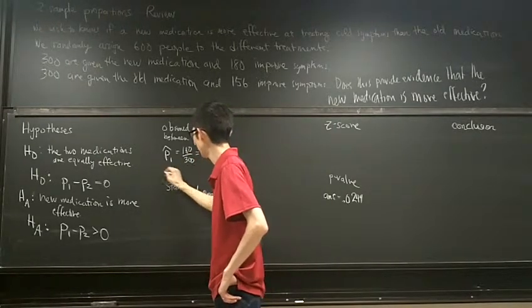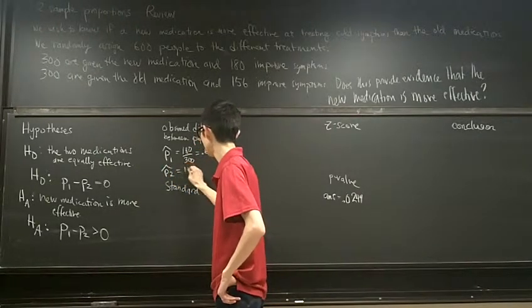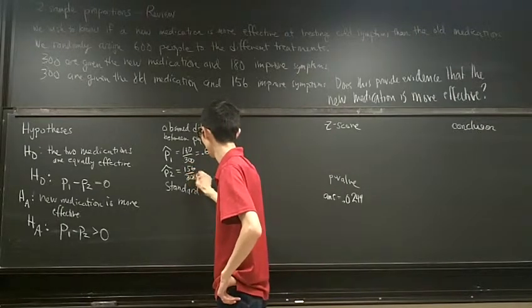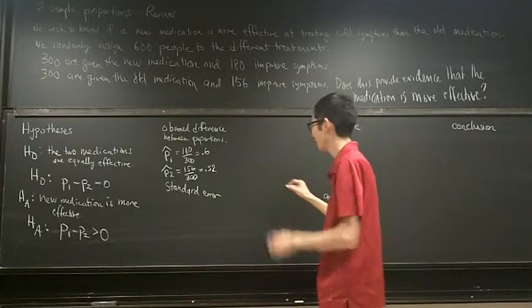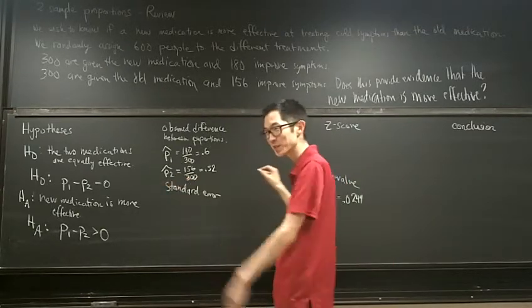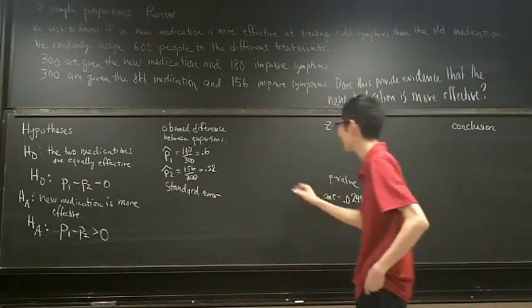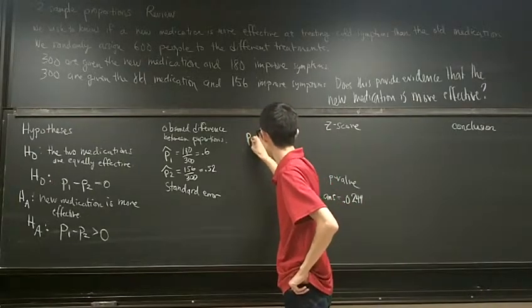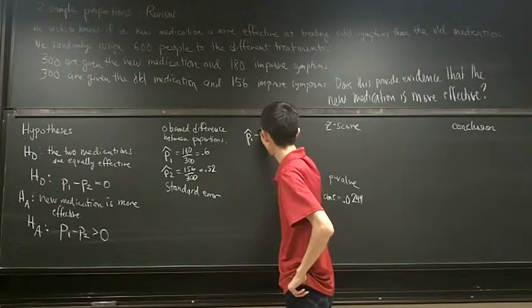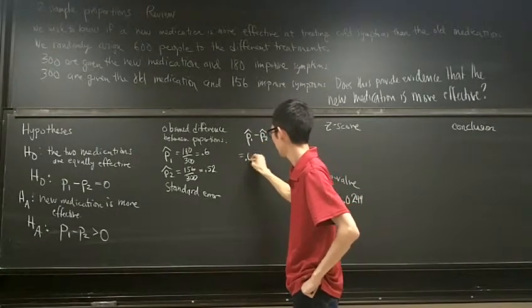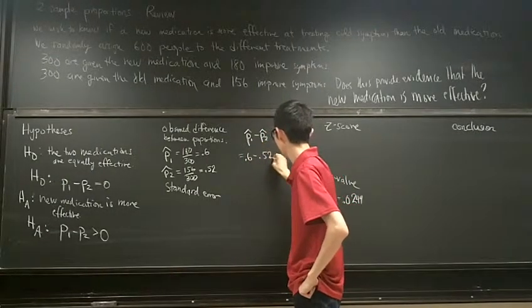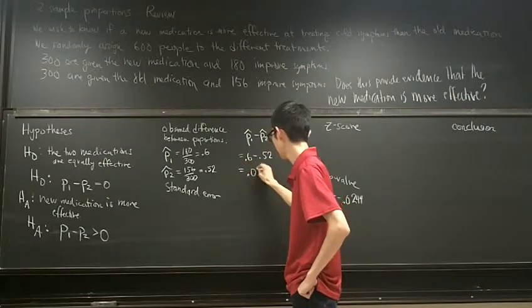What's P2 hat? 156 over 300, 0.52. Okay, so our observed difference here is what? We have an 8 percentage point difference.